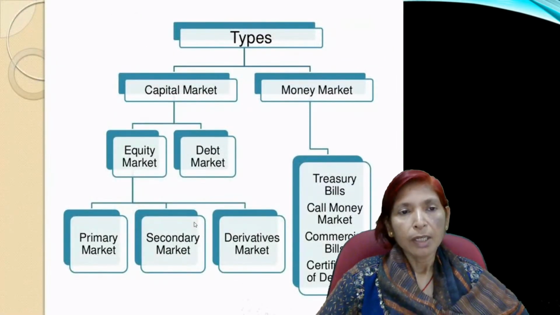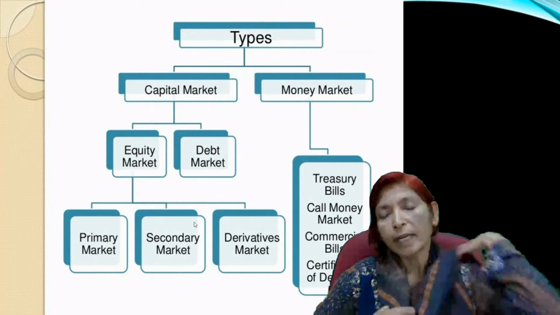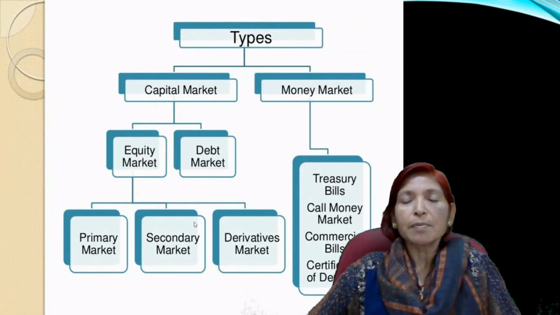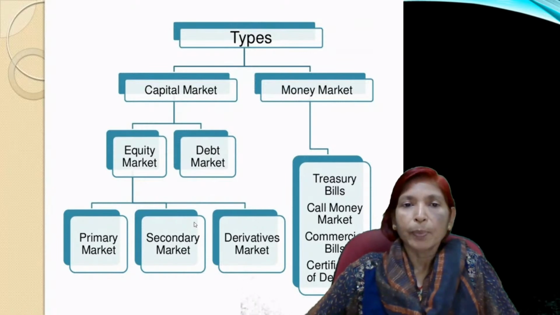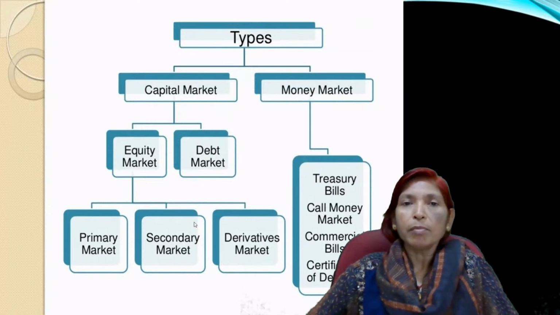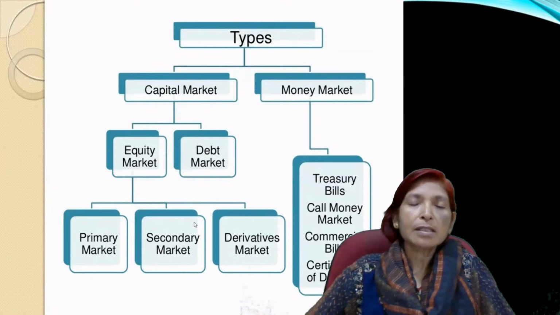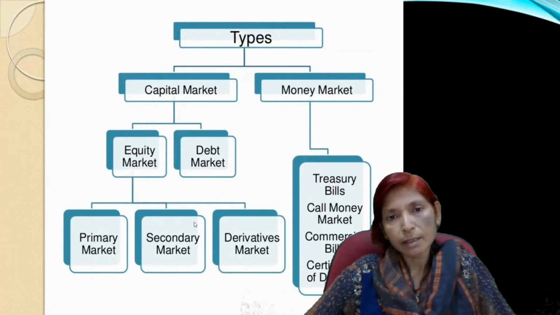Next is types of financial markets and financial system. What are the various types of financial system? The financial system can be broadly categorized into two parts. One is the capital market and the other is the money market.